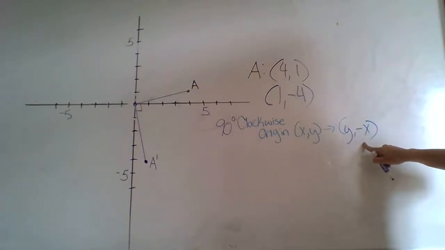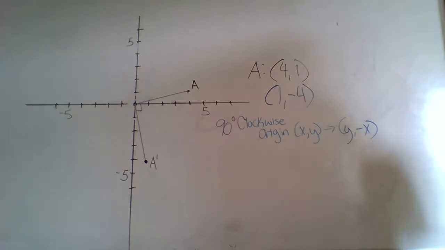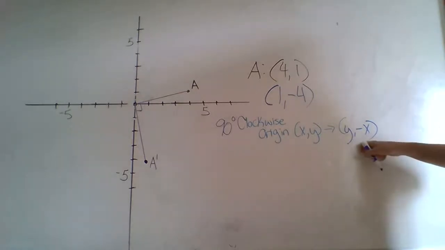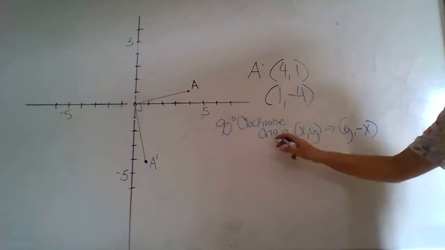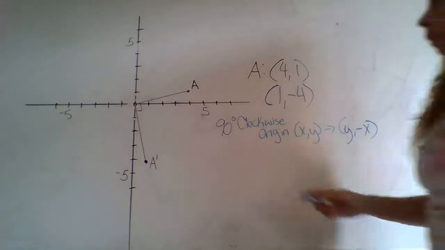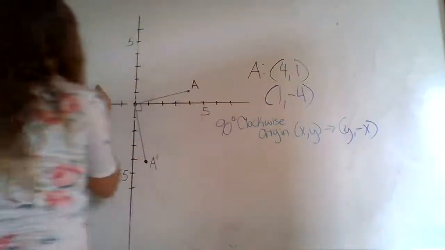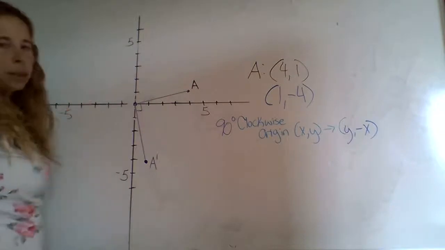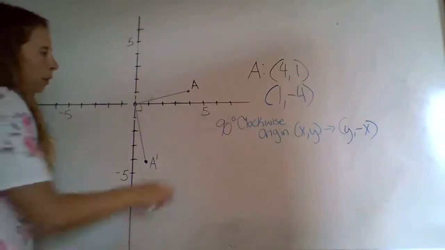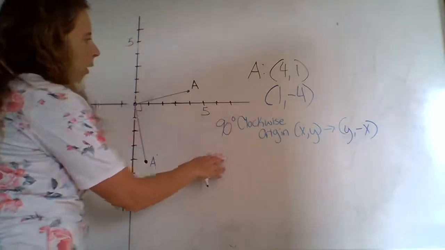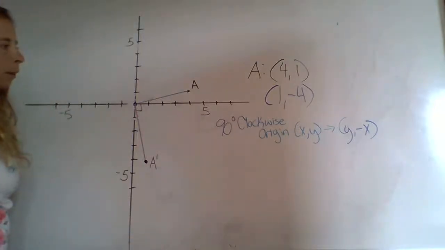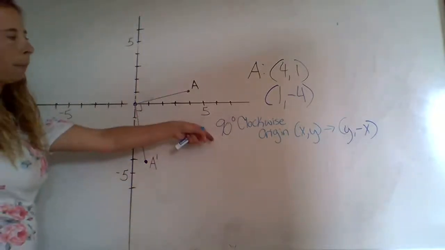If you don't understand this, it's okay. We will get into this later on in the chapter. For those of you that were hinting at it today, here's the rule for 90 degrees clockwise. There are rules for if I were to go the other way 90 degrees, and if I were to go 180 degrees. But we'll start out with just this one. Actually, you could probably figure out the other rules based on this one.